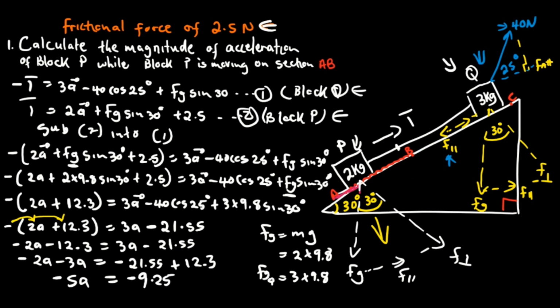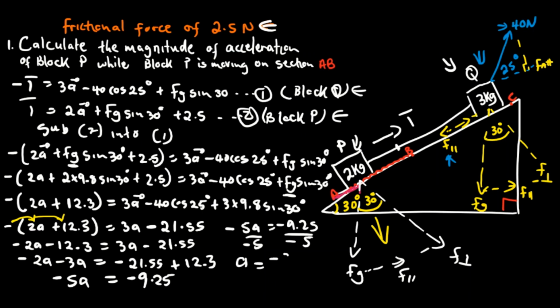So you have minus 5a equals minus 9.25. Then divide by negative 5. So a equals minus 9.25 over minus 5, and the final answer is 1.85 meters per second squared. So this is the acceleration that is required.